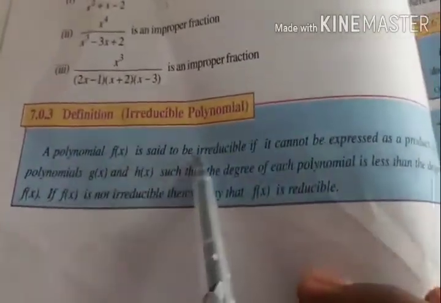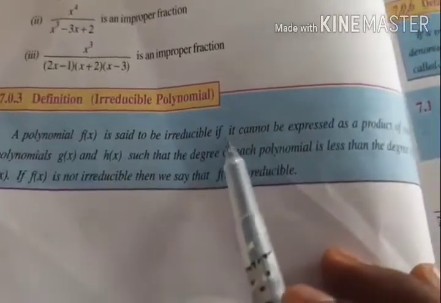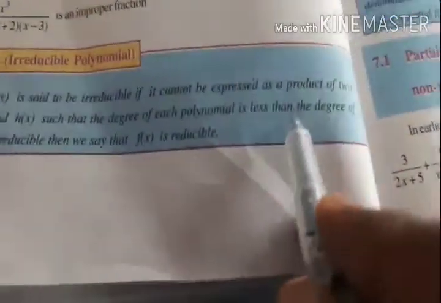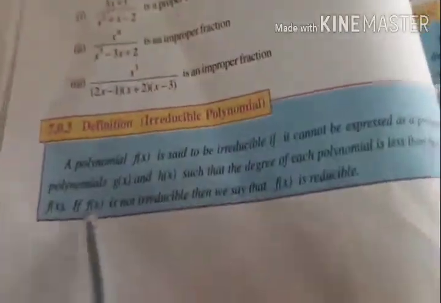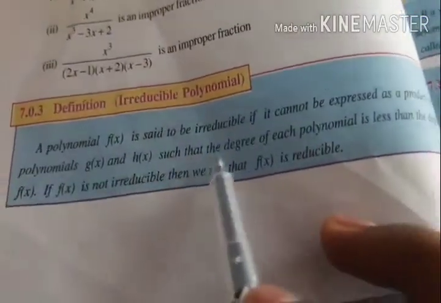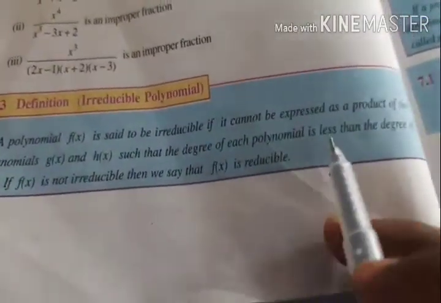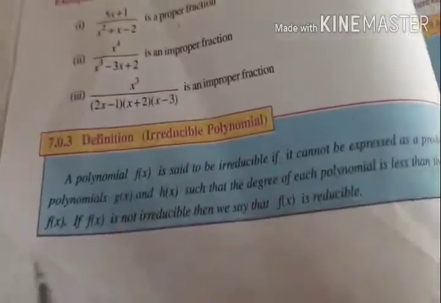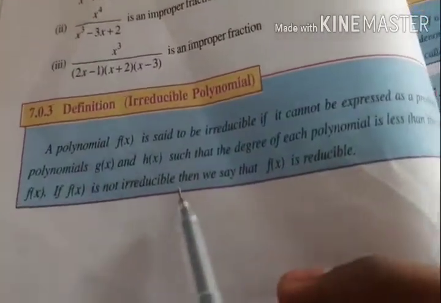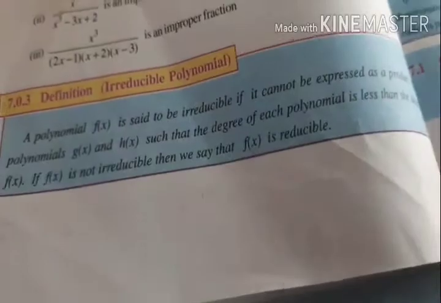A polynomial f of x is said to be irreducible if it cannot be expressed as a product of two polynomials g of x and h of x such that the degree of each polynomial is less than that of f of x. If f of x is not irreducible, then we say that f of x is reducible.